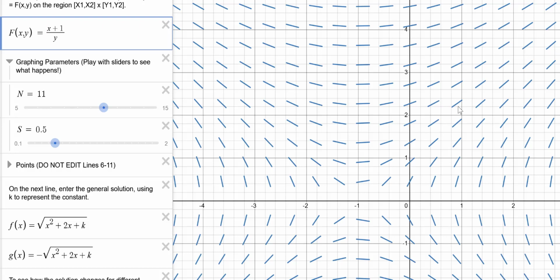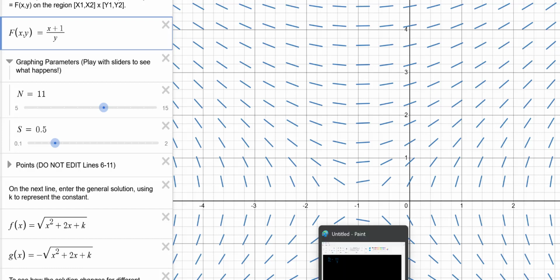And if I went way up here, where x equals 2, y equals 4, and I plugged those x and y values in here, x equals 2, so I'm going to have 3 in the numerator and 4 in the denominator, so I'm going to have a slope of 3/4. So it's a little bit not as steep. My curve is not as steep up here. So that differential equation is giving you information about the slope at all these different points. And that's really all a slope field is.